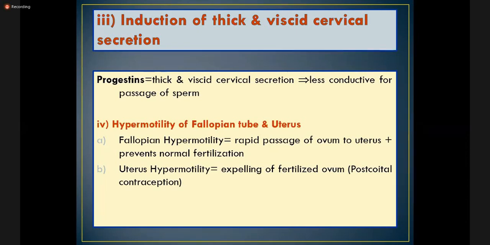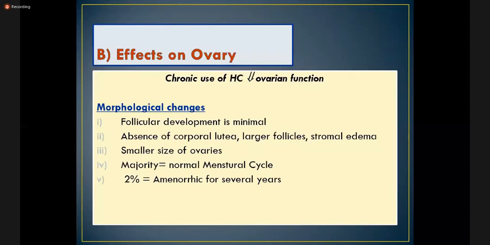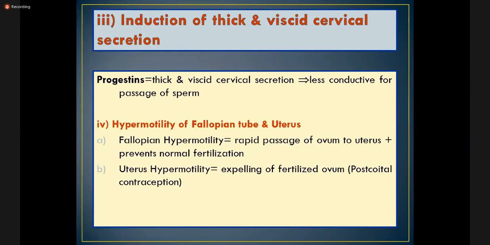Hypermotility of the fallopian tube and uterus: fallopian hypermotility gives rapid passage of the ovum to the uterus and prevents normal fertilization. And uterine hypermotility expels the fertilized ovum, especially in postcoital contraception. So postcoital or emergency contraceptive would be effective if we use the preparation within 72 hours of activity.